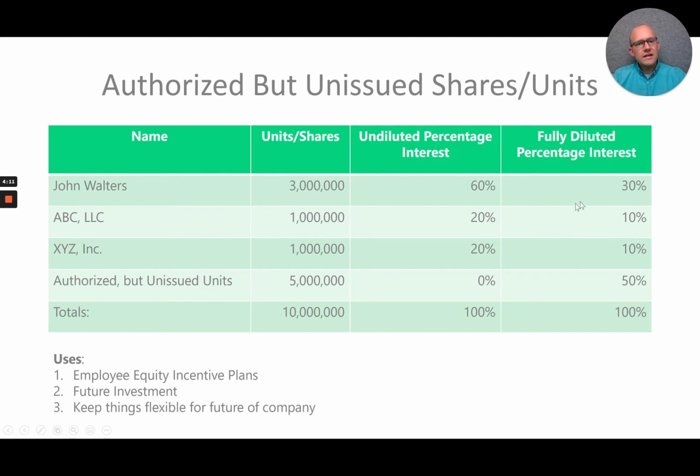So understanding what your current percentage is and what you can dilute to are important things to understand. So the idea here on this fully diluted column, if you're just dealing with employee equity incentive, that sort of thing, 10 to 20% is a lot of times what we see.